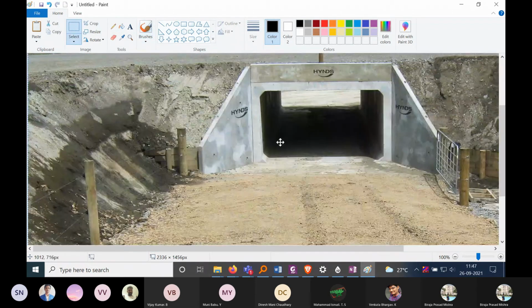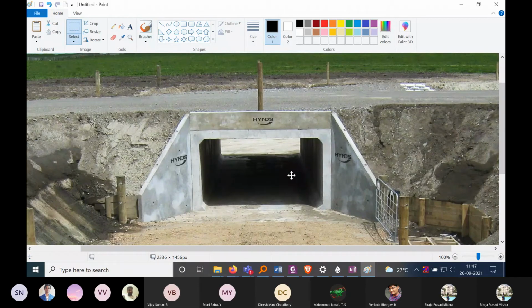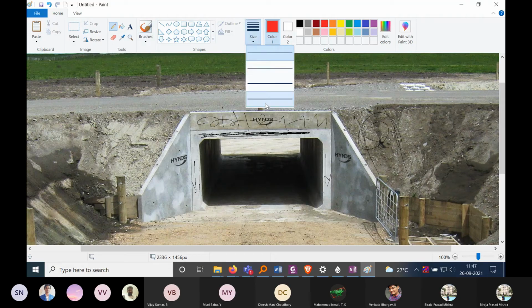Now see here. I hope all of you can see this image. This is a typical cross section of the box culvert. We have calculated the dead load of the self weight of the slab, the live load, and the dead load which is coming to it. We have also calculated the weight of the vertical slab. Now you can see the sides of this one are covered with soil, right?